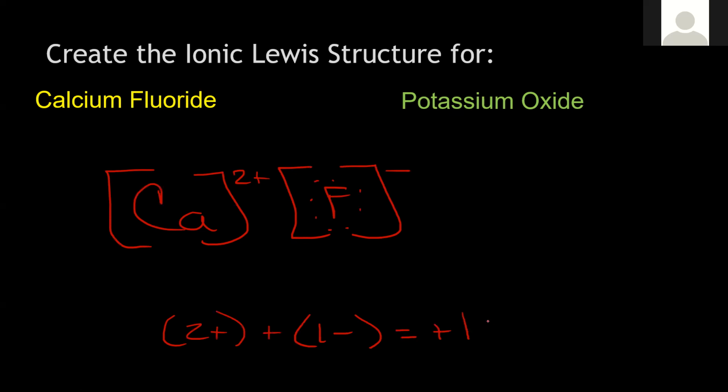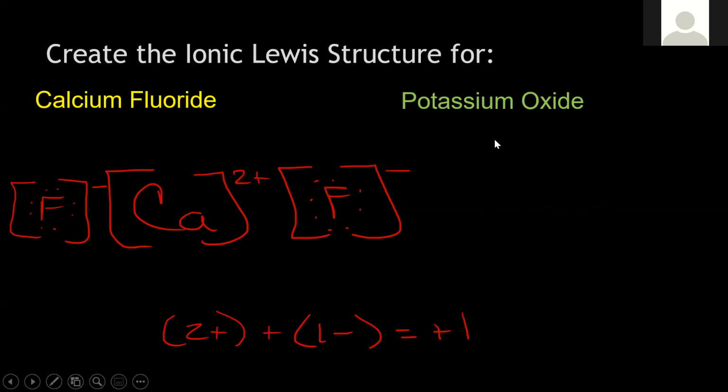So how do I get rid of this positive 1? You'd have to add another fluorine, right? Yep, so you can either write it underneath or you could write it to the left. It doesn't matter. I'm just going to show you this other way since you asked. Okay. Could you write it to the right? Yes. As long as they're all connected in a group, as long as they're all together.